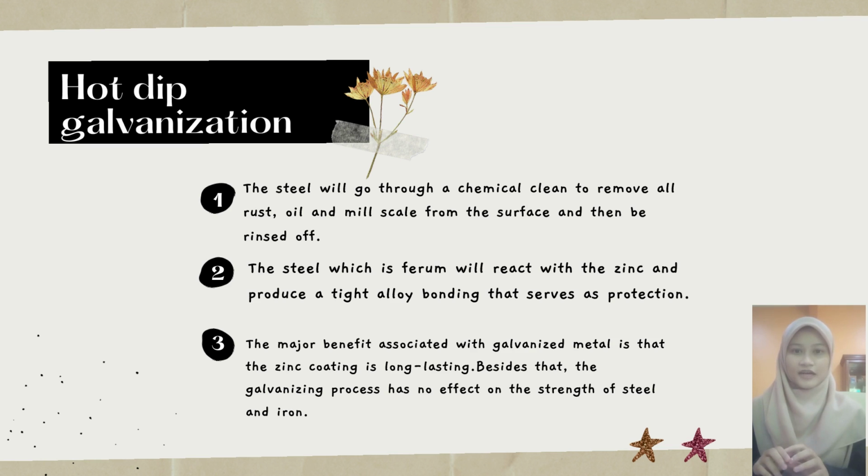As long as the zinc is on the surface, it will reduce any ferrum ion that forms back to iron. Besides that, the galvanizing process has no effect at all on the strength of steel and iron.